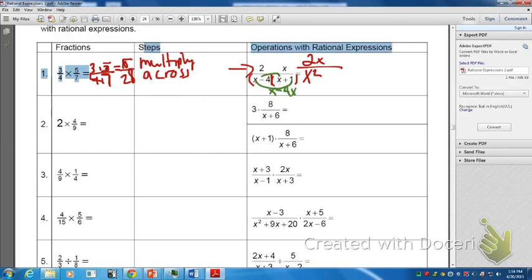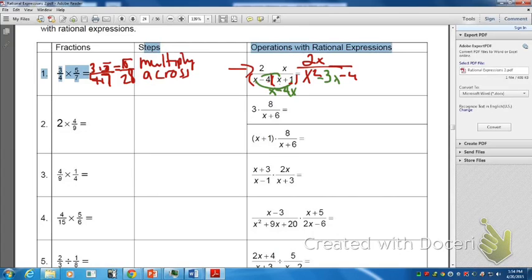Negative 3x. You agree? Yeah. Okay. And then your last. That's going to be your negative 4 and positive 1. Negative 4. Okay. And so you multiplied across. All right. Any questions on that? If you don't simplify or do nothing, that's just your answer. That's your answer.